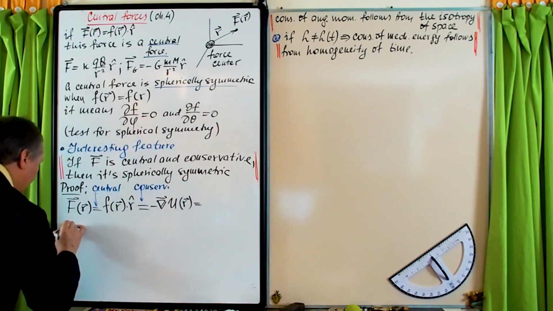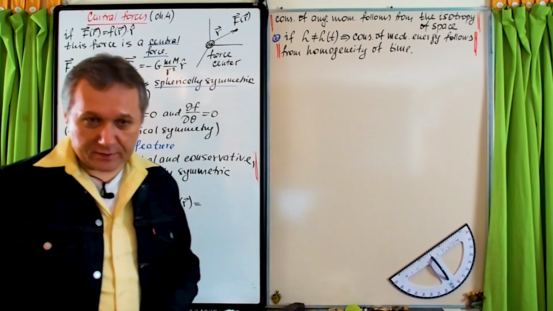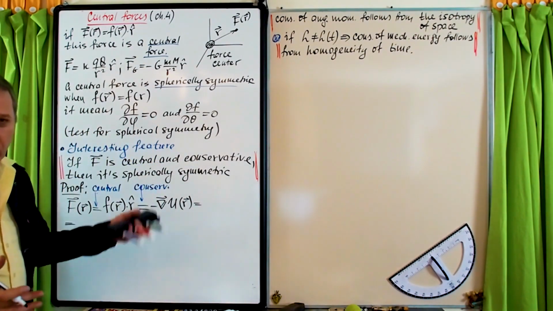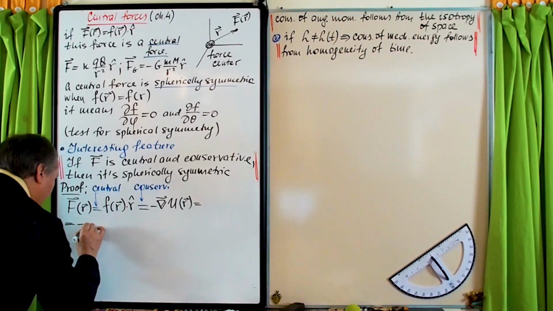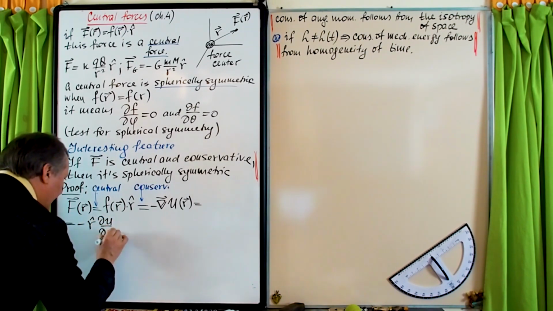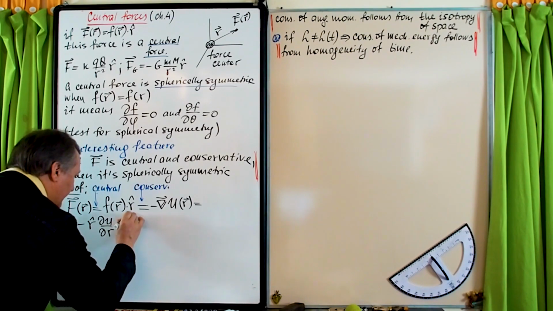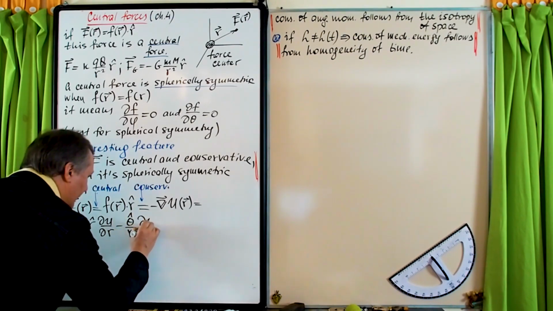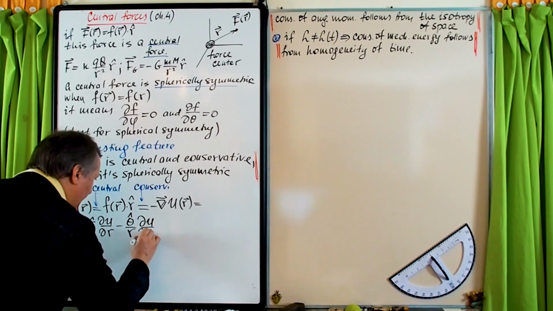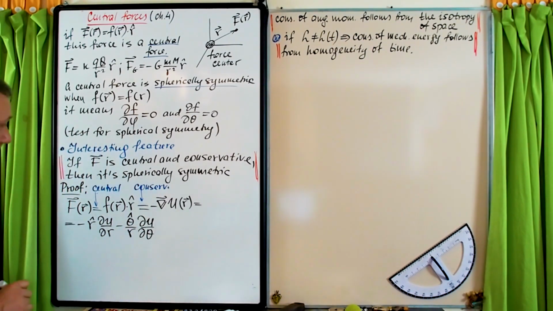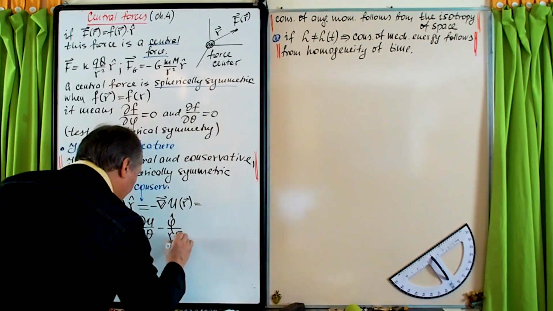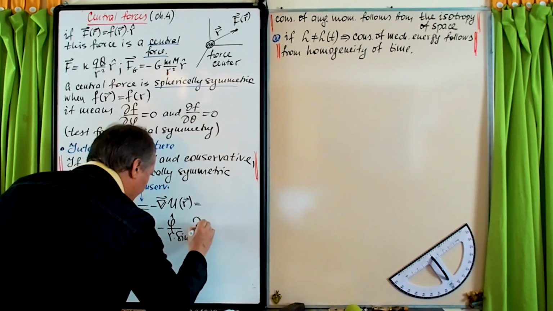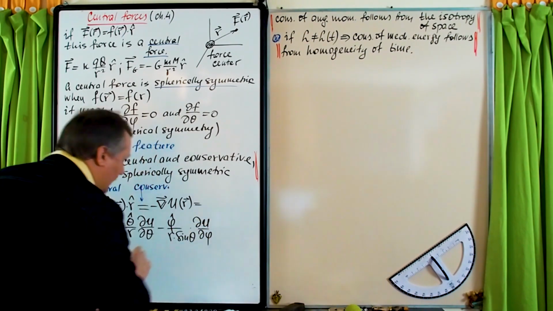And of course, now let's write down the gradient explicitly in spherical coordinates, because the choice of coordinates is obvious. So it will be minus R hat, partial derivative of U with respect to R, then minus theta hat over R, partial derivative of U with respect to theta, and the last term minus phi hat over R sine theta and the partial derivative of U with respect to phi.